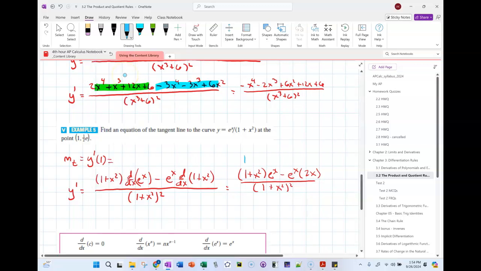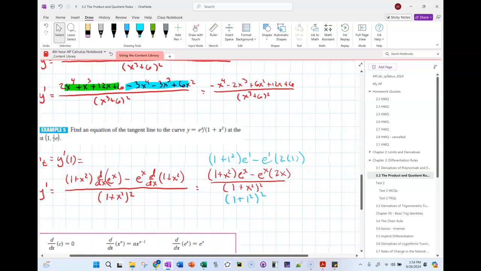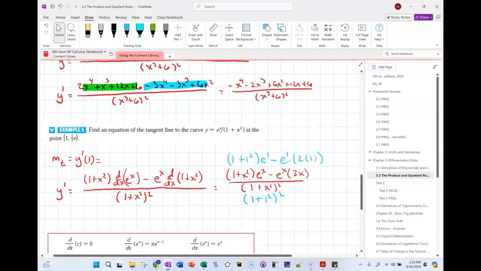So I'm going to have 1 plus 1 squared times e to the first minus e to the first times 2 times 1, over 1 plus 1 squared, squared. So when I do that, I'm going to have 2e minus 2e over 4, or 0 over 4.